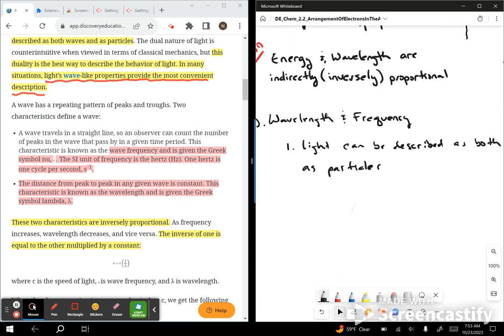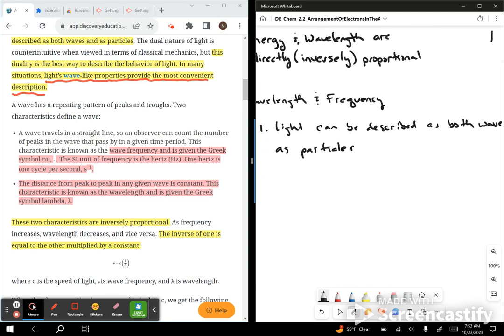And I think what we want to write here is that wave frequency is given by the symbol nu, okay? Wave frequency is described as nu.